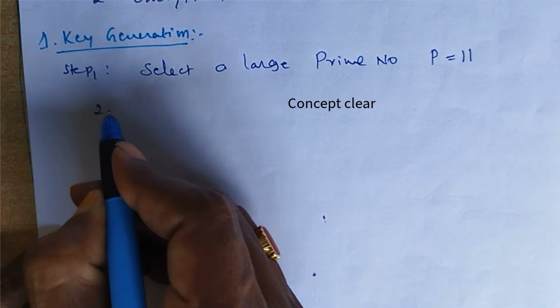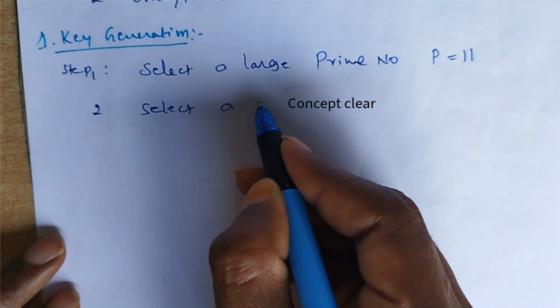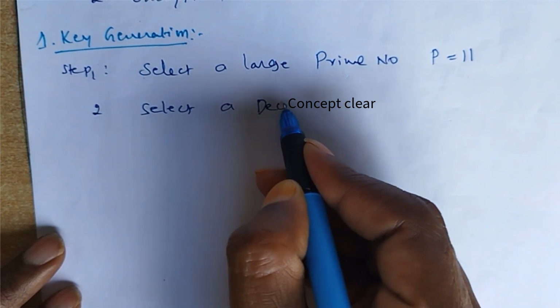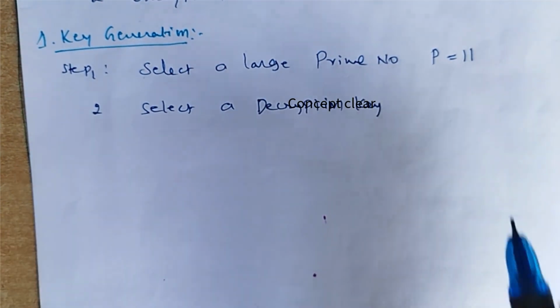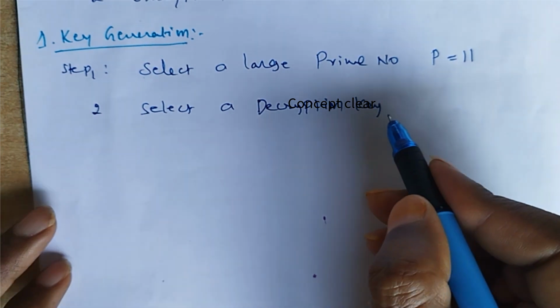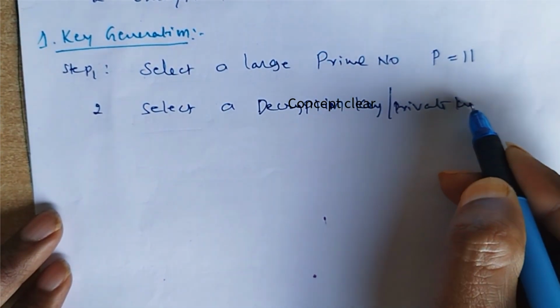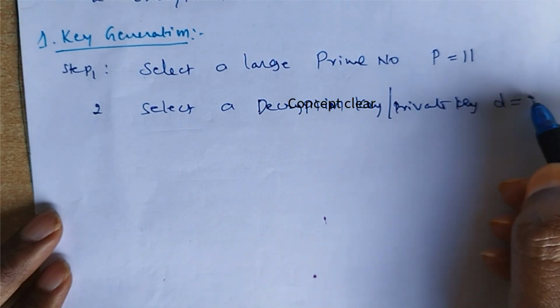Next, step 2. Select a decryption key. Decryption key means what? Private key. The decryption key is also called the private key D. Here I am taking D equals 3.